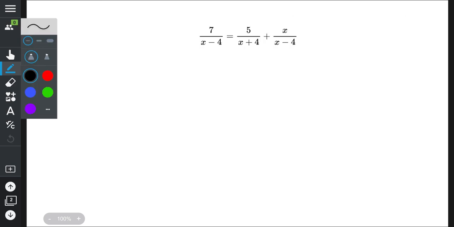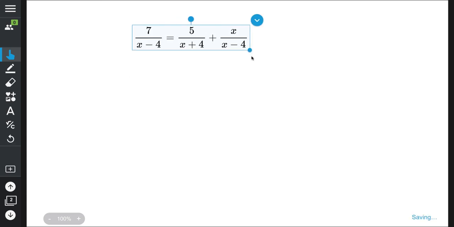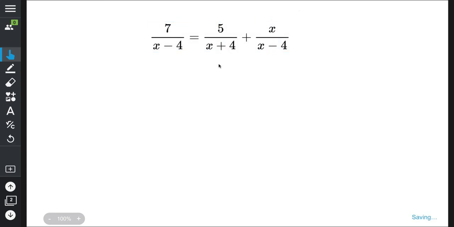Okay, well, first stop. At our level of math, we're looking at an equation that has binomials as our denominators. And as binomials, factors in and of themselves, they're clearly not the same.